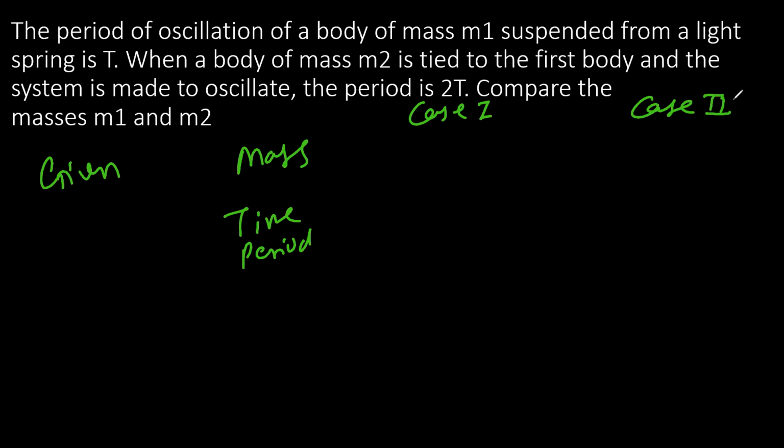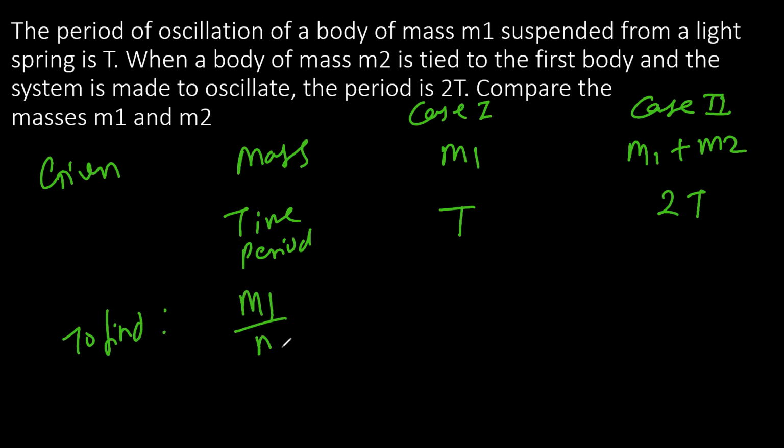And in case 2, the mass is m1 plus m2, not only m2. Many students will think the mass is m2, but it is m1 and m2 both. See, when a body of m2 is tied to the first body, in the first case the mass is m1, the second case is m1 plus m2. In the first case the time is t and now it is 2t. And we need to find the ratio of m1 and m2. Okay, let's go for the solution.